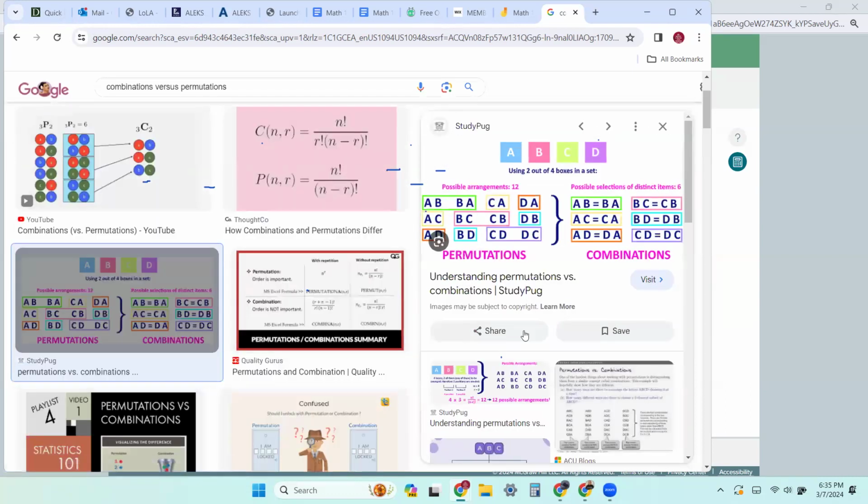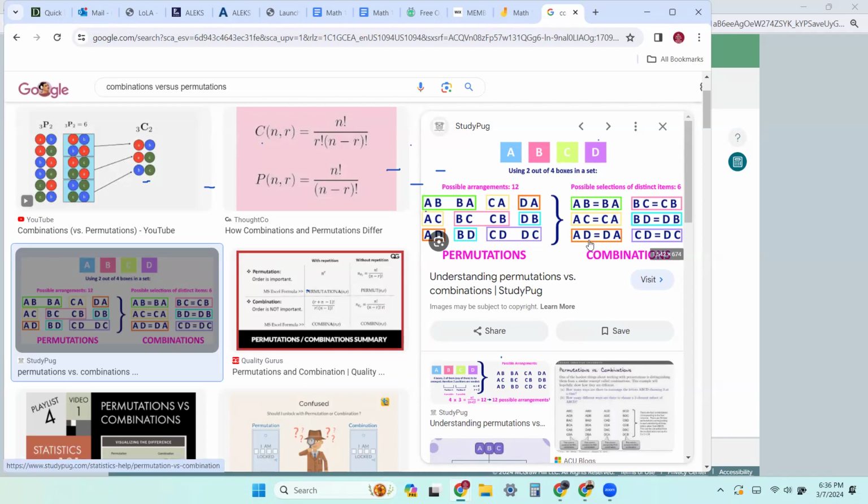Thank you. That helps. See, for example, on this one right here, they're showing you can arrange. If you got A, B, C, D, 4 to choose from, and you pick 2, then there's 12 different ways of looking at it.